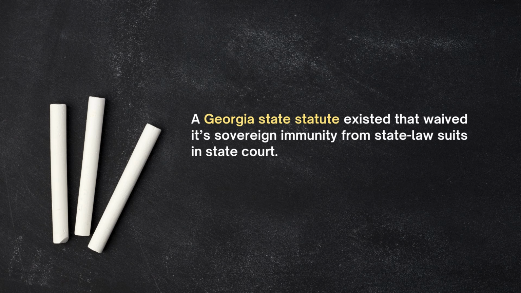And the defendants conceded that a Georgia state statute existed that waived its sovereign immunity from state lawsuits in state court. So there were appeals that led to the case ending up in the United States Supreme Court.